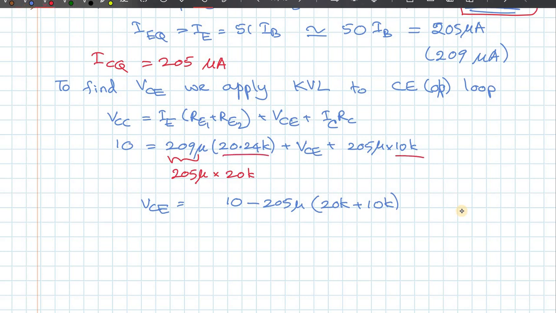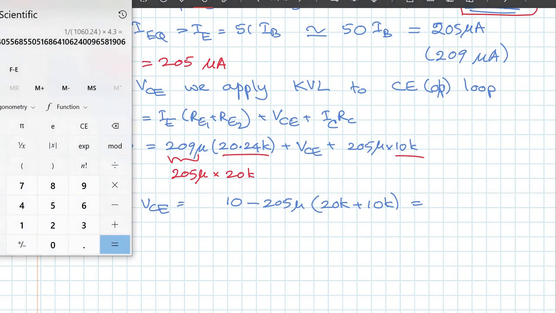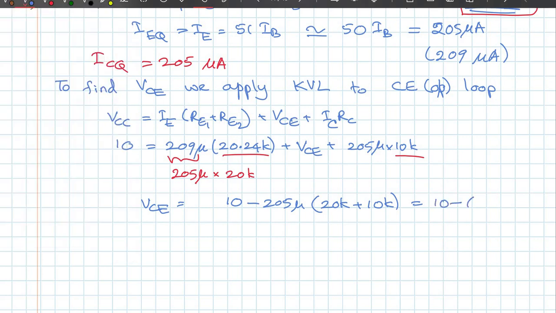So this value will be 30K times 205 microamperes. 30 times 205 gives 6.15, so 10 minus 6.15. So VCE is roughly about 3.85 volts.